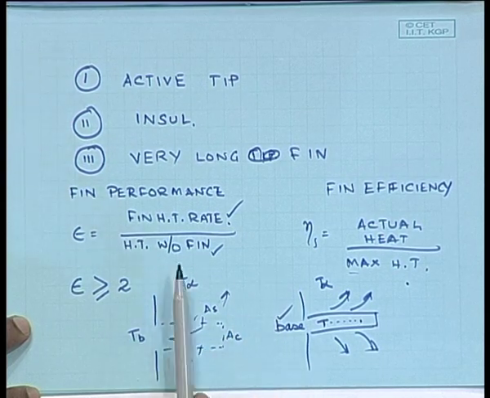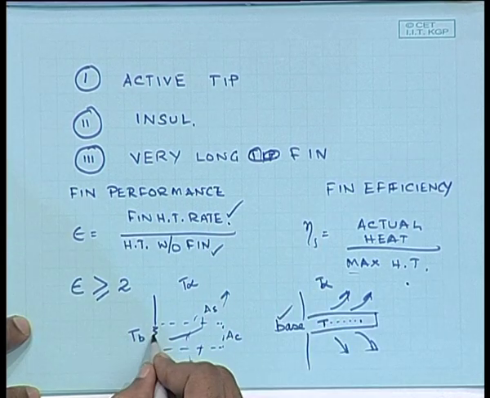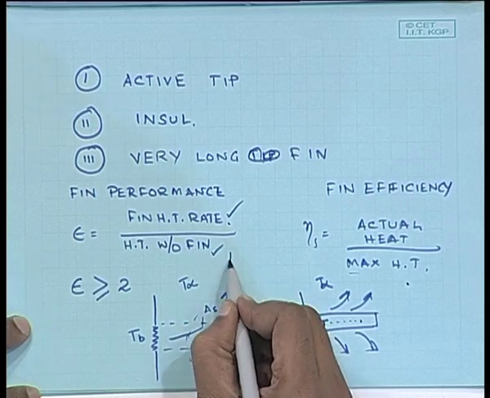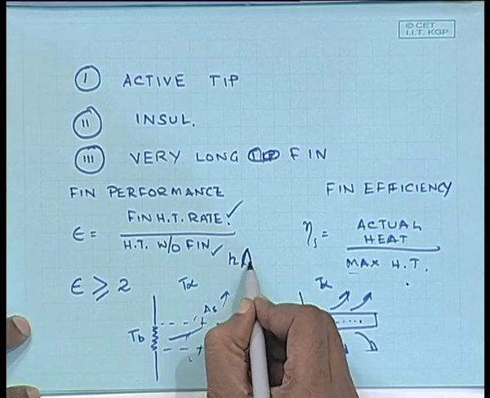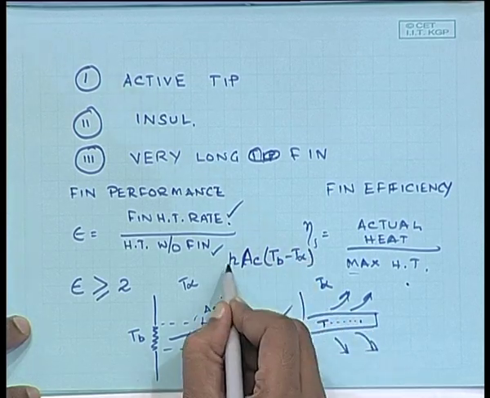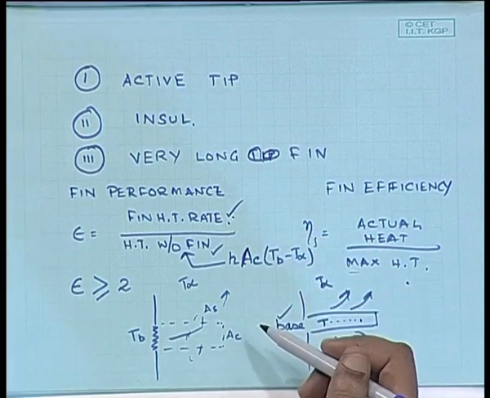And suppose I do not have the fin now. What is the area that is available for heat transfer now? A_c only. So, my heat transfer without fin would simply be equal to h times A_c times (T_b minus T infinity). This is going to be my denominator, and you know the numerator.